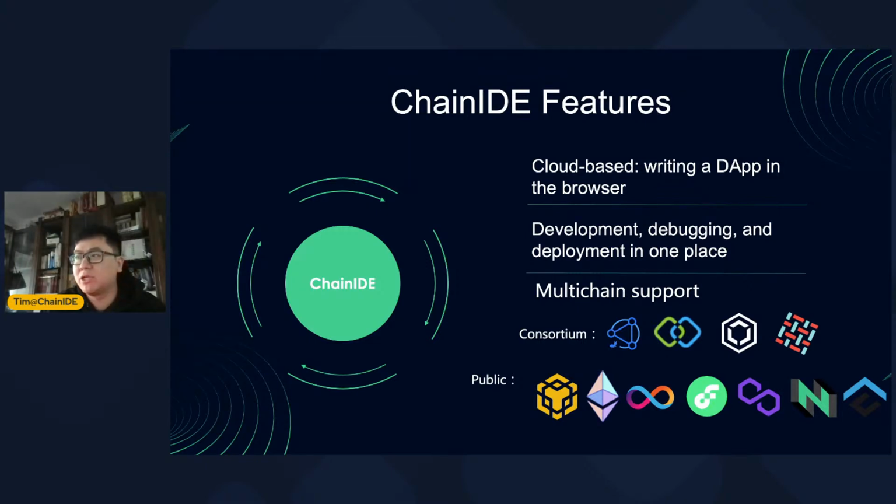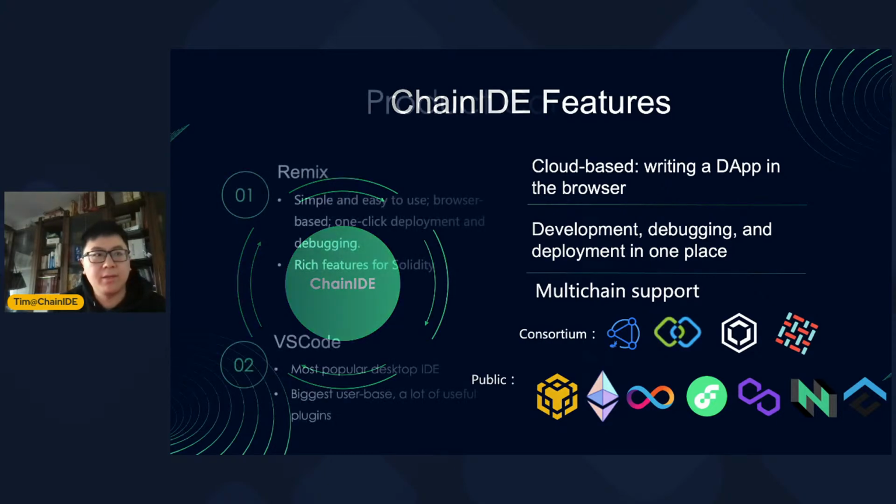For the public blockchains, we support almost all EVM-based blockchains. We also support Flow, which is a non-EVM based blockchain, and Dfinity, which is a cloud computation platform. So we are not only focusing on EVM chains; we are broadening our support range.